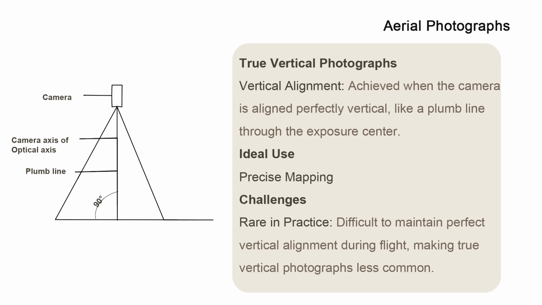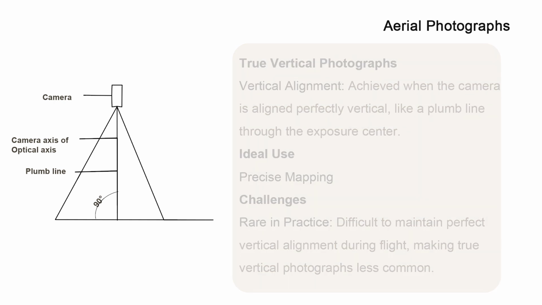These aim for a perfectly vertical alignment, much like a plumb line passing through the exposure center. Plumb line meaning the line that you have seen when suspending the plumb bob. That is a line which is directed to the center of gravity of the earth. While they are ideal for precise mapping, true vertical photos are rare in practice due to the challenges in maintaining the perfect alignment.